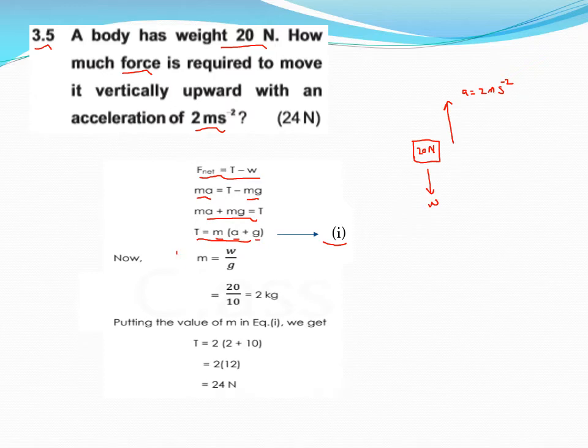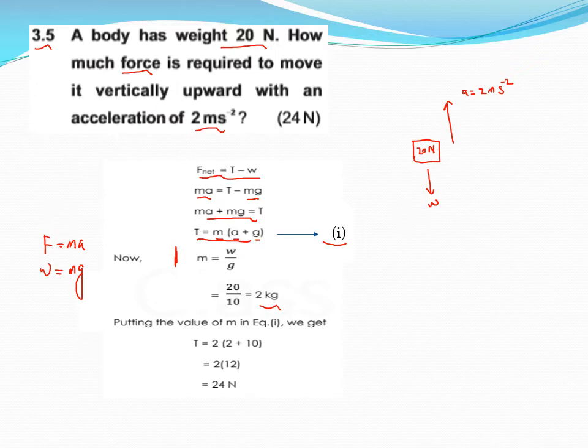So using this formula, F is equal to ma, and its analog, W is equal to mg, as we kept on talking about it. So m is equal to W by g, and after simplification we get mass as 2 kg.